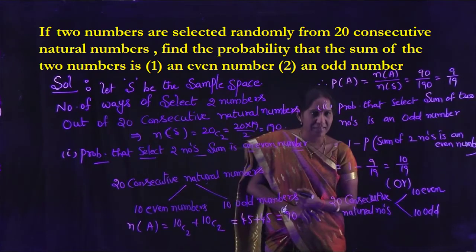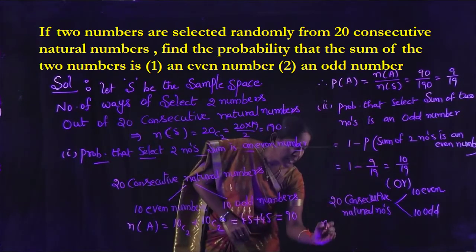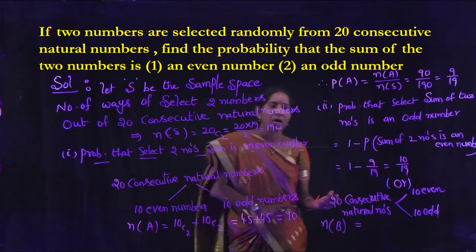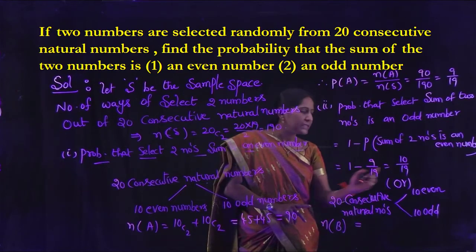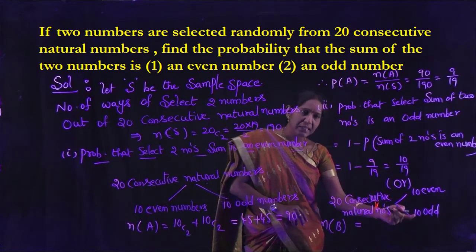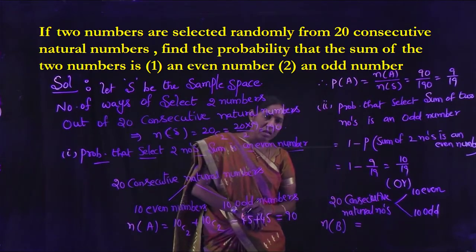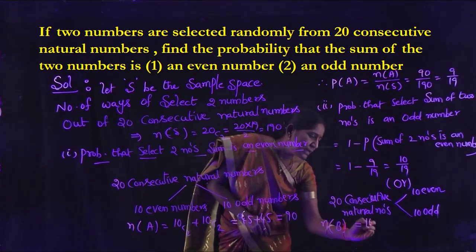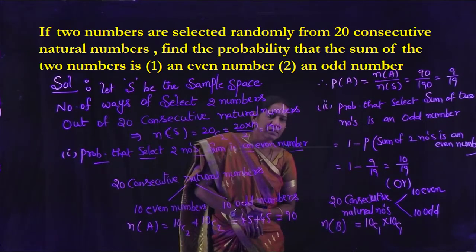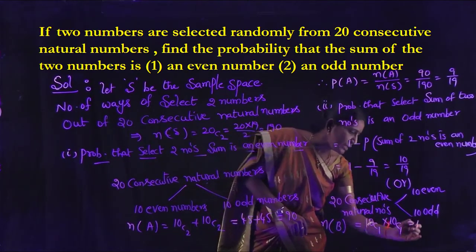Take it as event B. Then n of B is the number of ways the sum is odd, which can be done in 10C1 into 10C1 ways. So this is 10 into 10, 100.